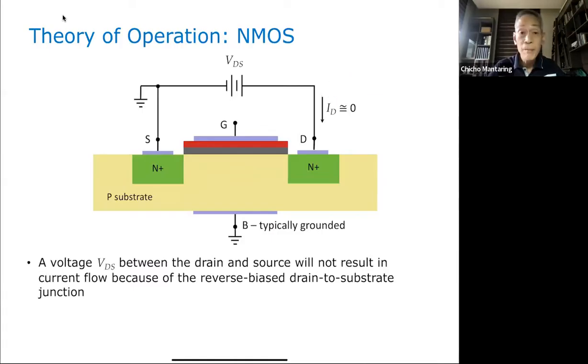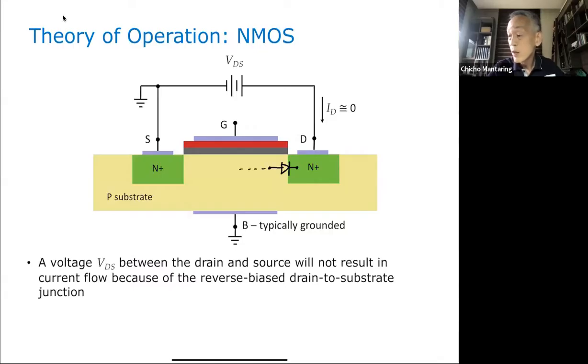Okay. If you take a look, I have two junctions. No? I have a PN junction here, and I also have a PN junction here. No? If you recall, a PN junction is a diode. So what I have actually, between this P and this N, I have a diode in this direction.